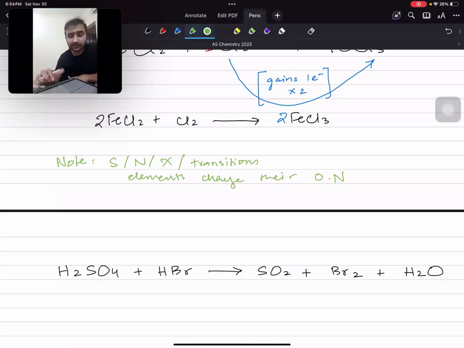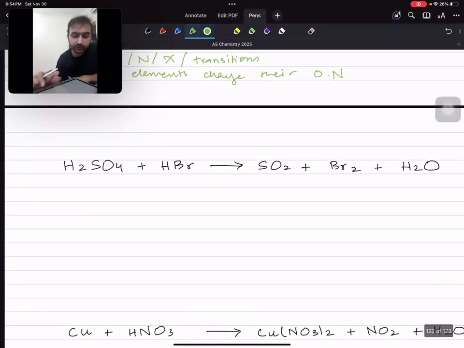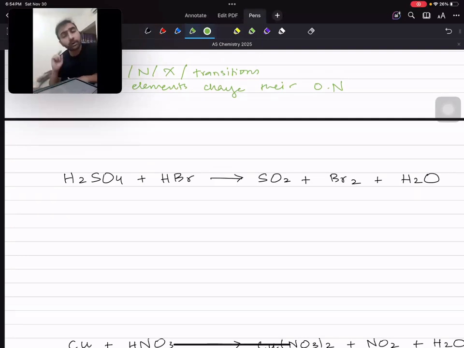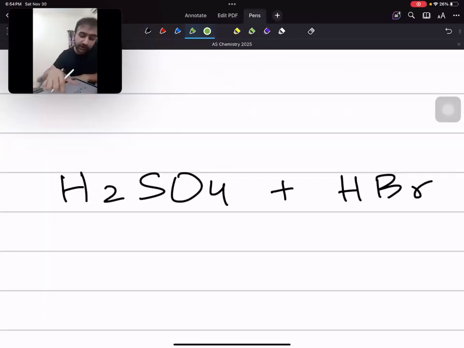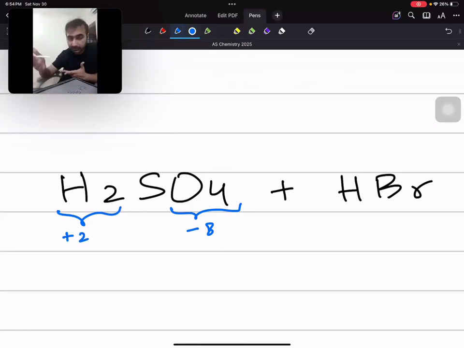Let's take one example. Sulfur is becoming SO2, from sulfuric acid. What's the oxidation number of sulfur in H2SO4? So I know this, that oxygens are -8 because each is -2. Hydrogens are +2. +2 and -8 is -6. Sulfur has to be +6.